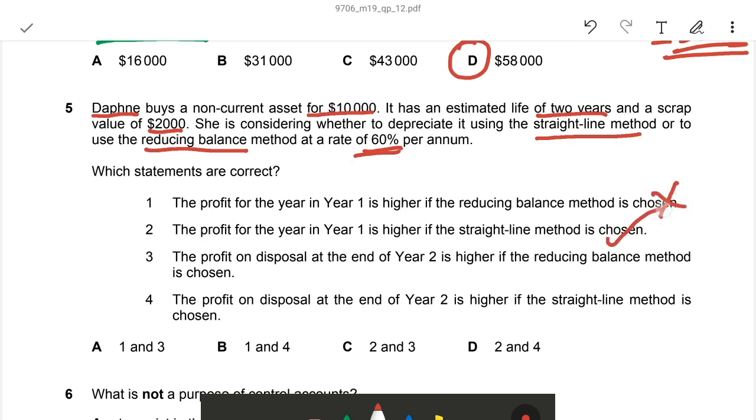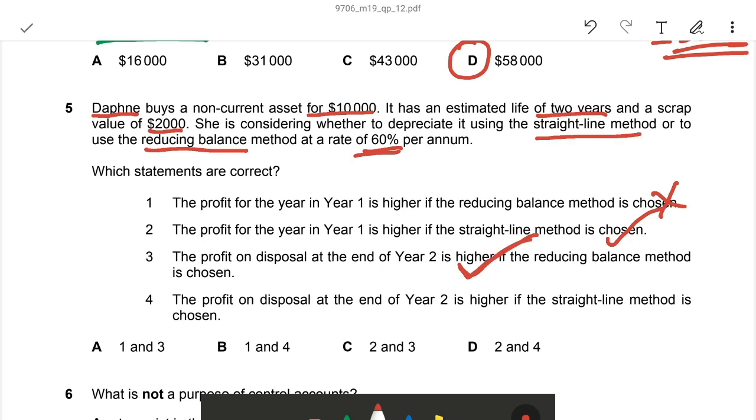Second option is correct. Then third, the profit on disposal at the end of year 2 is higher if the reducing balance method is chosen. Correct. If the reducing balance method is chosen, the depreciation will be very low at the end of the year compared to the straight line method. So automatically the profit will be higher. So the second option is also correct.